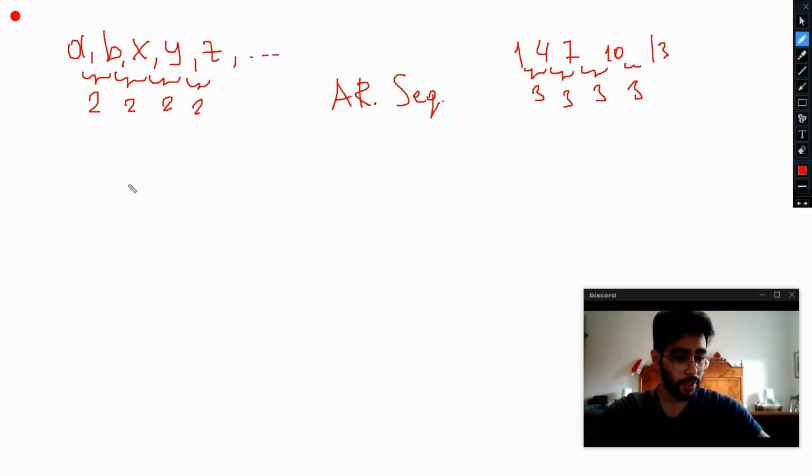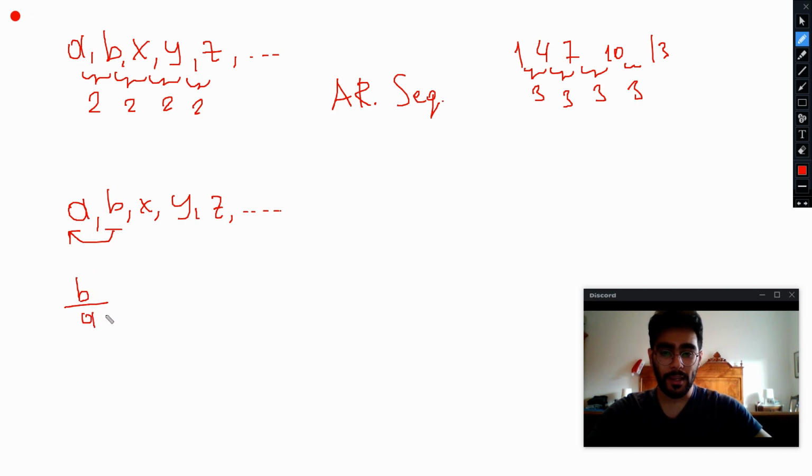A geometric sequence, on the other hand, is the same idea but with the ratio. So if you have, let's say, a, b, x, y, z, and so on, then the ratio of the term to the previous term should be common for all the terms. What does it mean? It means that if I take b divided by a, that should be equal to x divided by b, that should be equal to y divided by x, that should be equal to z divided by y.